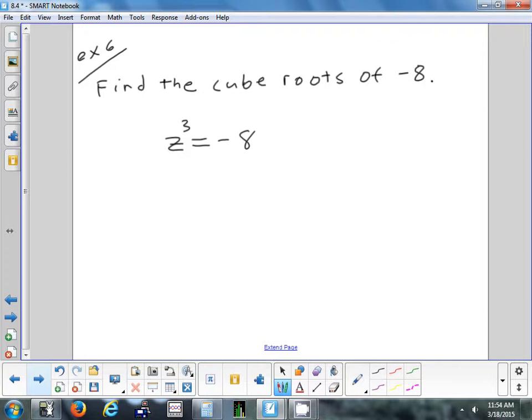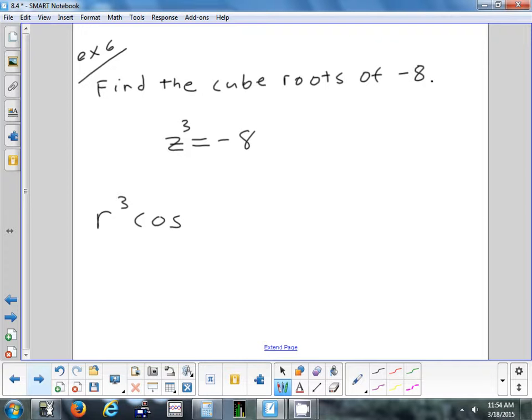The first step is to rewrite the left and the right-hand side in trig form. Okay, so I'm going to do two things at once. I'm going to rewrite the left-hand side in trig form and use DeMoivre's theorem. So I'd have r cubed cosine.